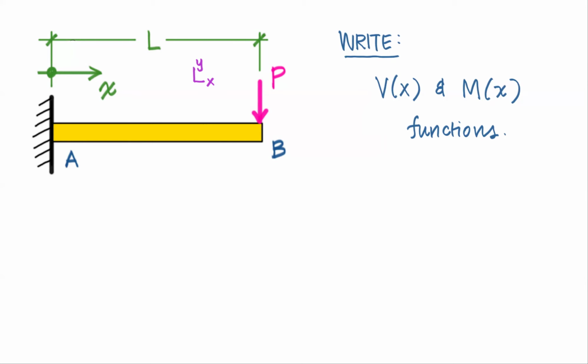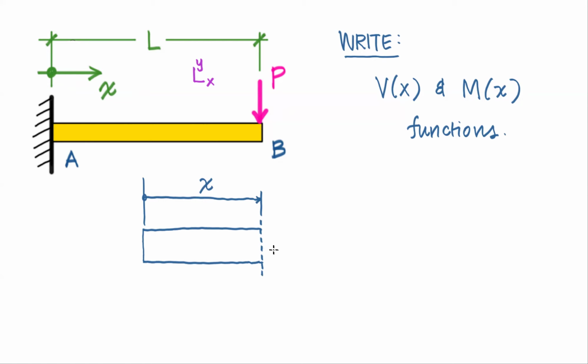So the first thing we need to do, our origin is over here at the left. And so what that's telling us is that we start our free body at A. We go some distance, X, and then we cut. At the cut plane, I introduce my internals.